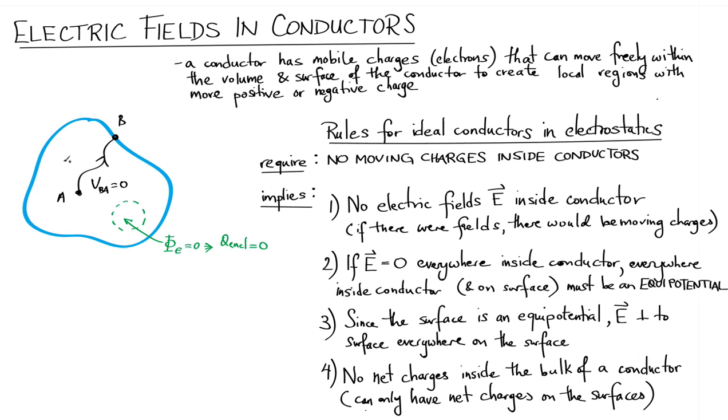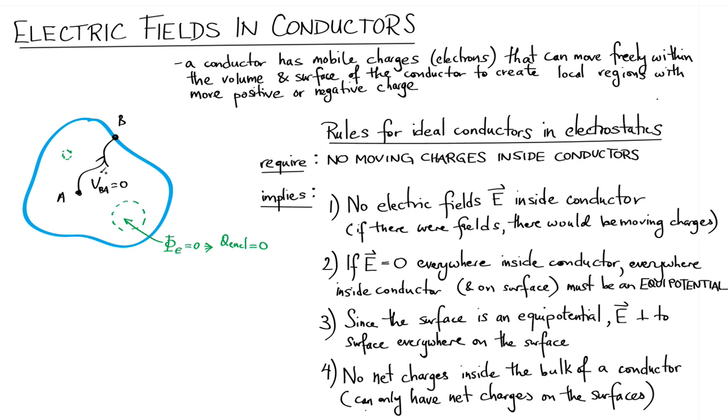By Gauss's law. And I can shrink this Gaussian surface. I can make a Gaussian surface anywhere, and I can shrink it to however small I want. And basically, since there is no electric field everywhere, the net Q enclosed at every single point in this conductor has to be 0.